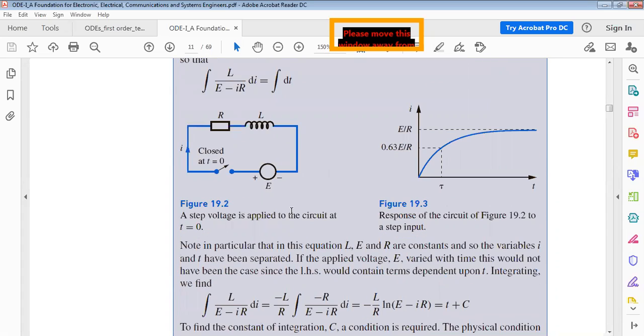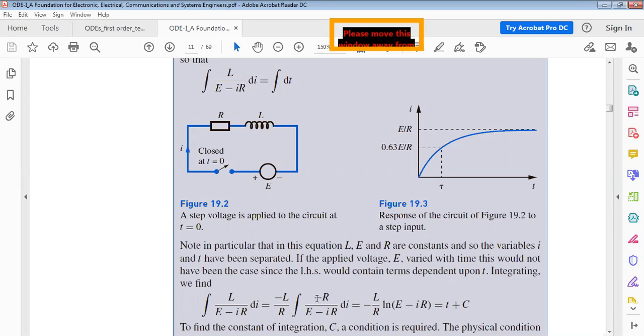So we get this integration. What will it be? Minus L by R, and this is the integration, taking R on both sides. This R and this R will be cancelled. If we differentiate the denominator, we get the numerator, right?